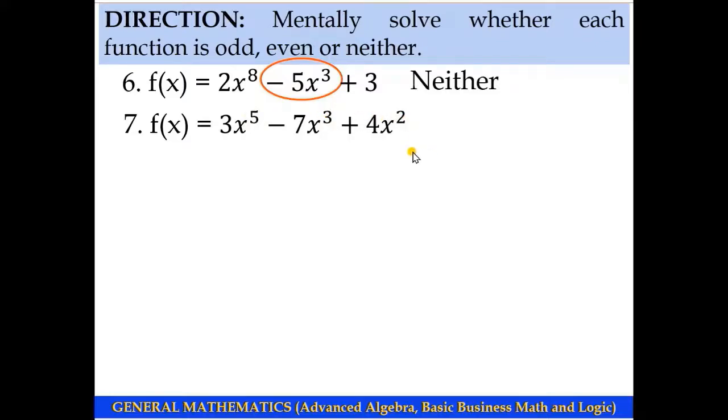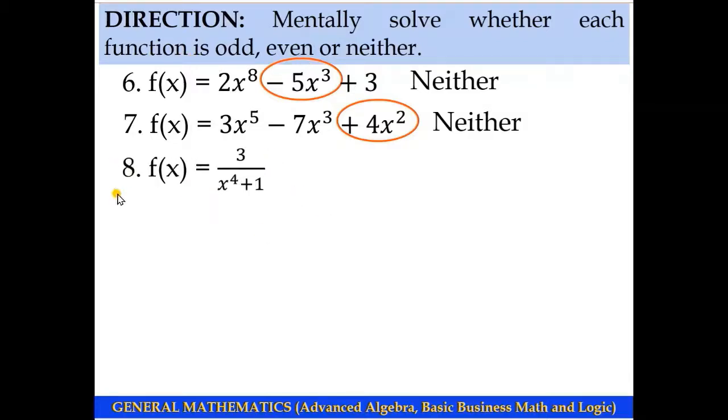Because of the third term, 4x squared, whose exponent is even compared with the other exponents which are odd, this makes polynomial function number 7, f of x equal to 3x raised to 5 minus 7x raised to 3 plus 4x squared, neither an odd nor even function.